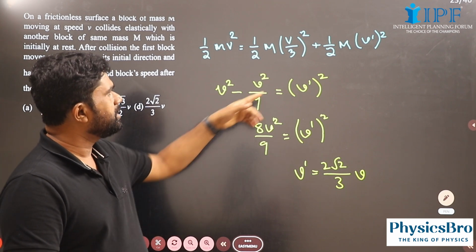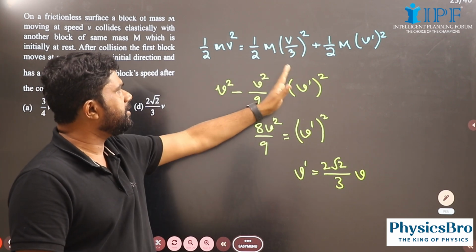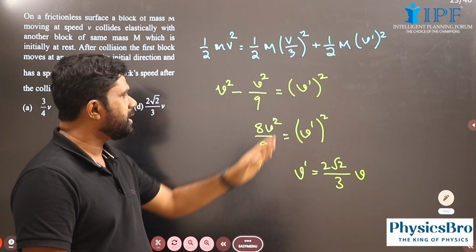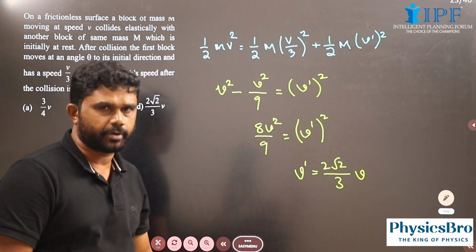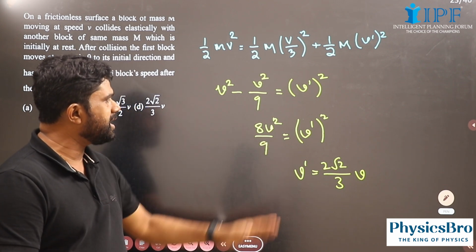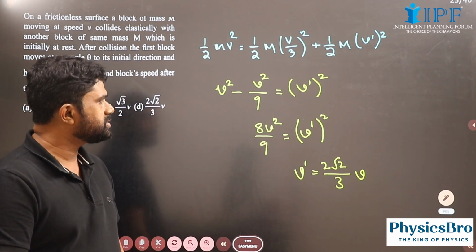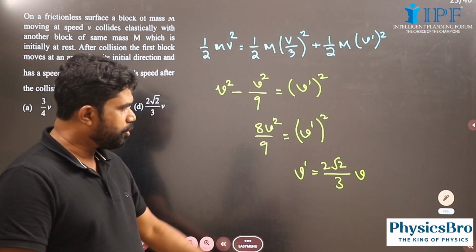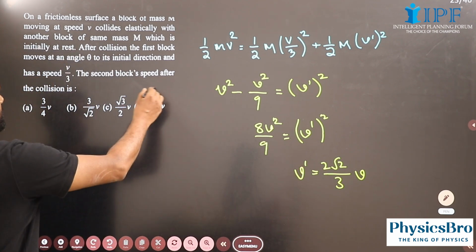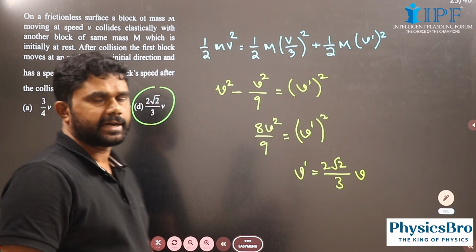Then v square, and here it will be v square by 9. When it is taken to the left, it will be minus v square by 9, and on the right side v dash whole square. So this will be 8 v square by 9 equal to v dash square, and v dash we will get, see, root of 8 by 9, or 2 root 2 divided by 3 times v, 2 root 2 by 3 into v. So this will be the correct answer.